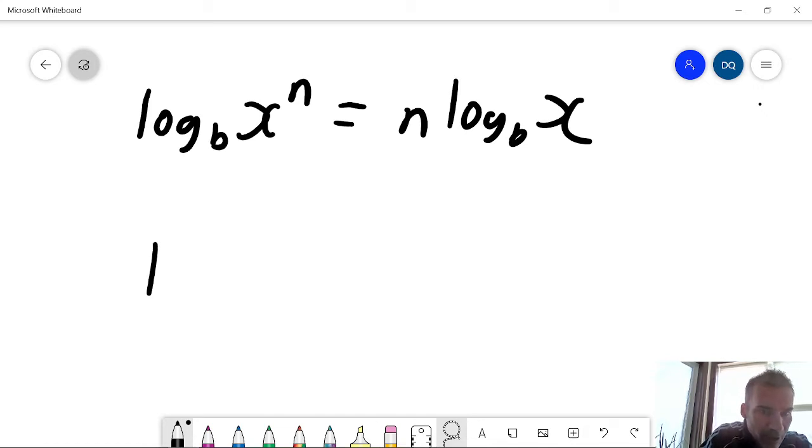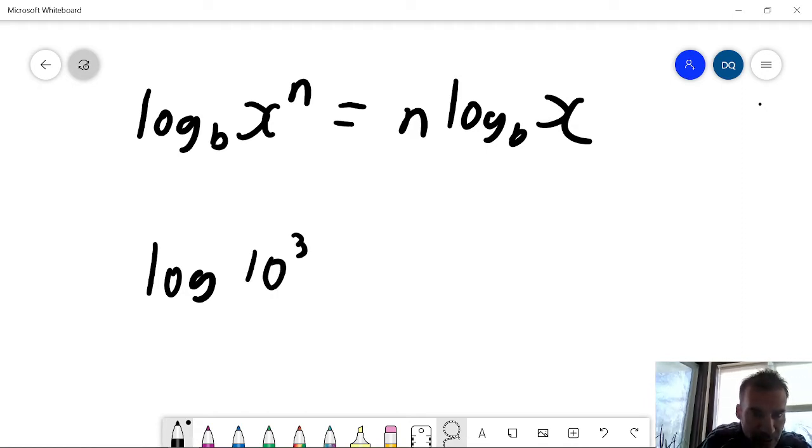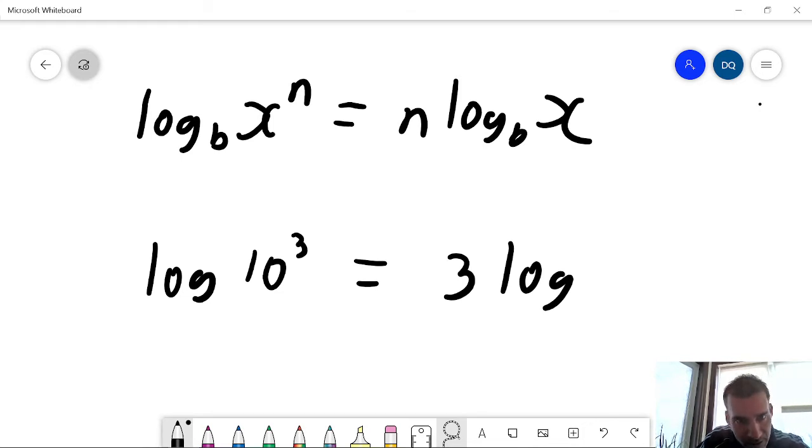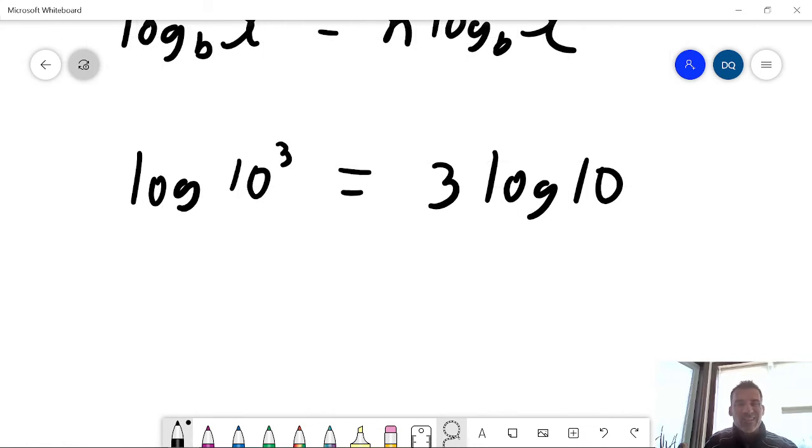Let's say I've got the log base 10. So if I don't write a number in there, that's base 10, of 10 to the 3. According to this law, that's equal to 3 times the base 10 log of 10. Now let's see if that works. 10 to the 3 is 1,000.